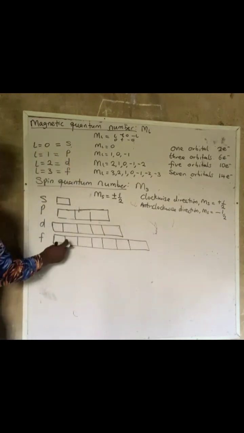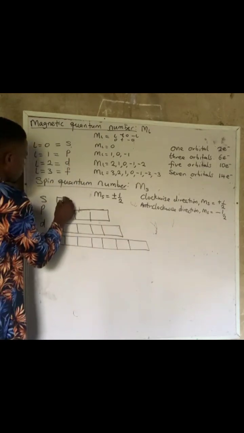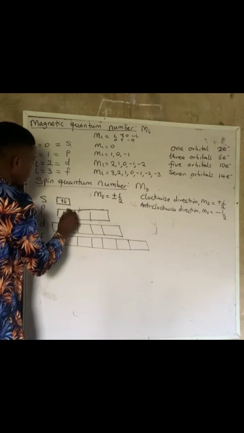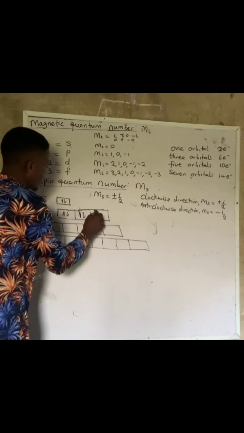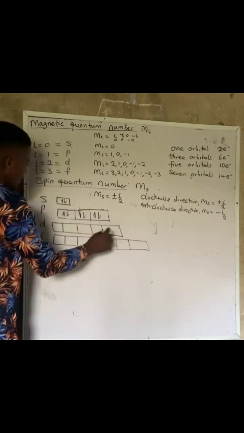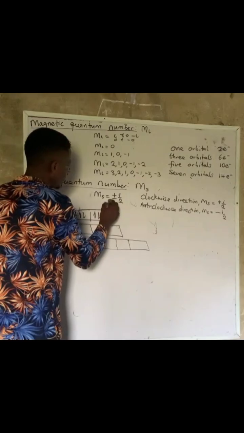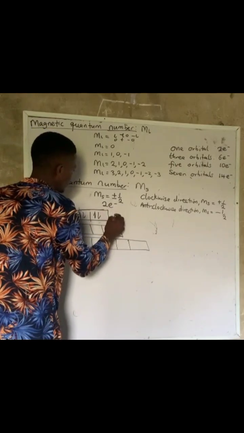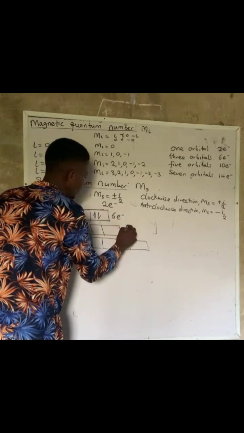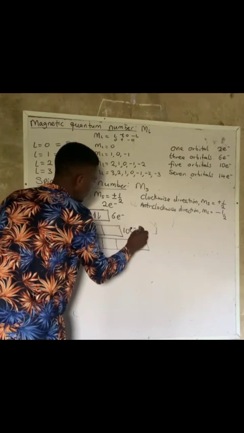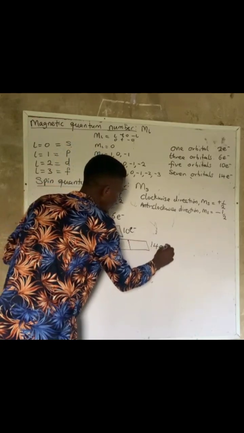You can see this one can go clockwise, anti-clockwise, clockwise, anti-clockwise, and so on. So that's why S can take 2 electrons, P can take 6 electrons, D can take 10 electrons, and F can take 14 electrons.